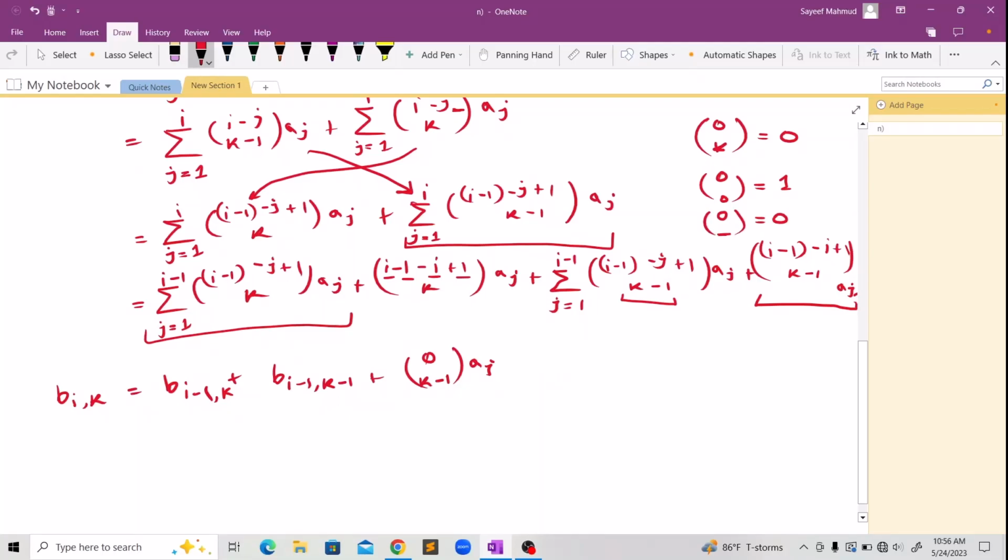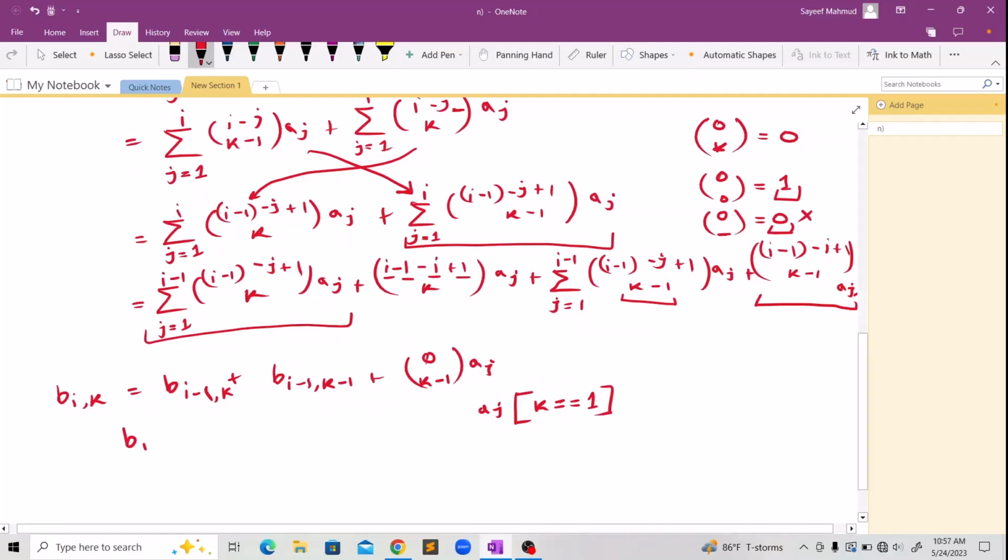So we don't need to worry about this case because this gets multiplied with 0. But if the value of k is 1, then we will get a 1 here, then the contribution for that will be 1 times aj, which just means aj. We will get this when k is equal to 1, so this is one edge case that we will have to consider.